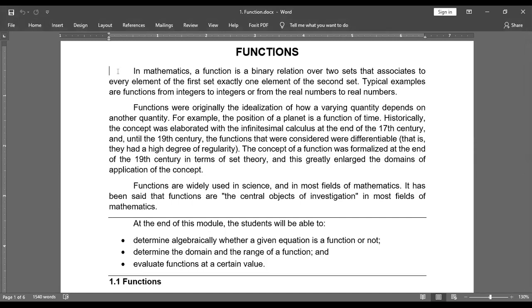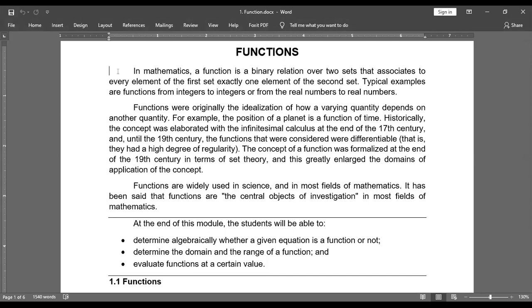So we have functions. In mathematics, a function is a binary relation over two sets that associates to every element of the first set exactly one element of the second set. Typical examples are functions from integers to integers, or from the real numbers to real numbers. Functions were originally the idealization of how a varying quantity depends on another quantity.